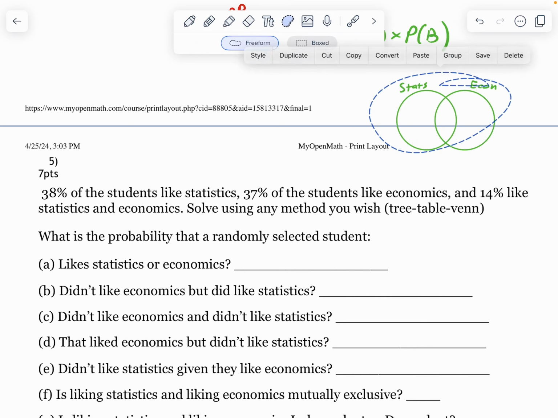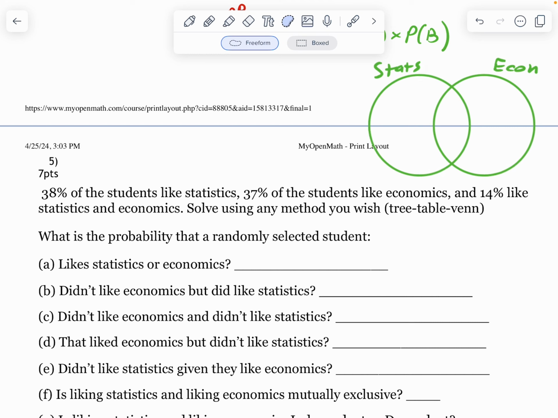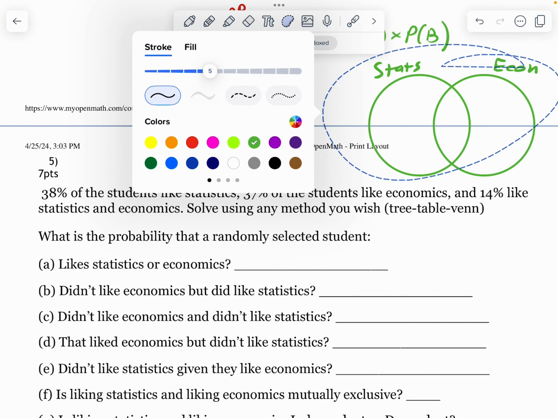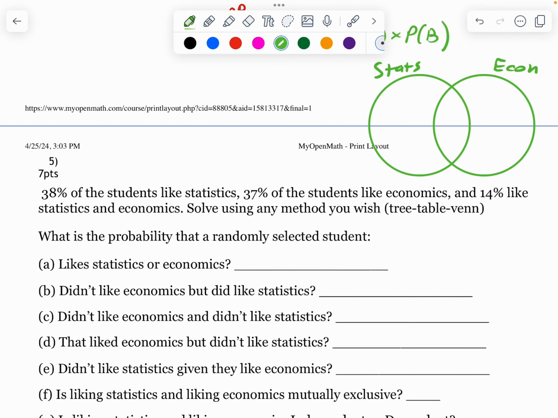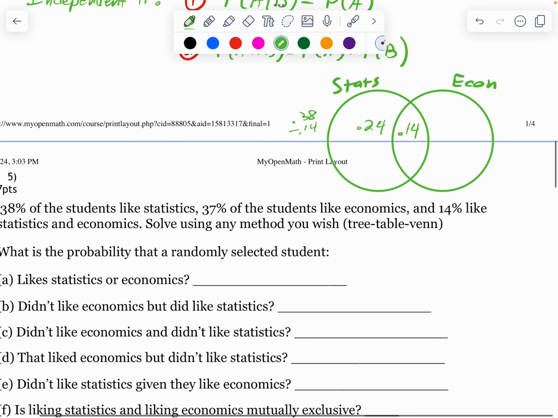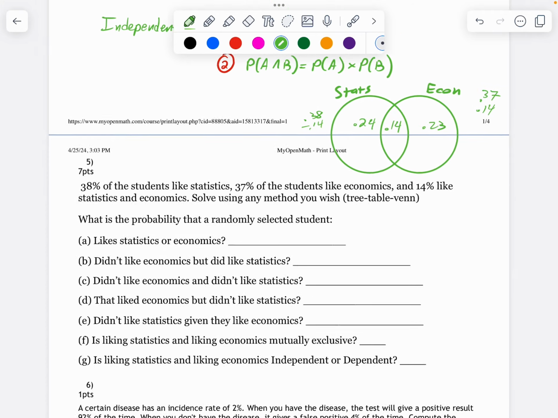Let's go here. So 14% in the middle. Remember, then I'm going to do 38 minus 14 to get 24 for there. And I'm going to do 37 minus 14 as well to get 23 right there.